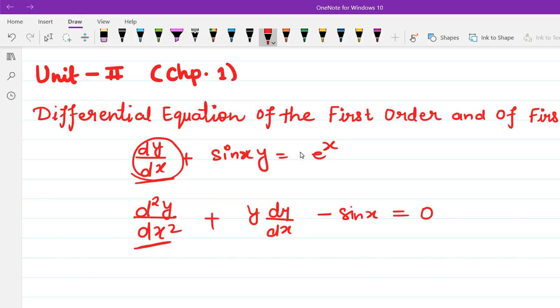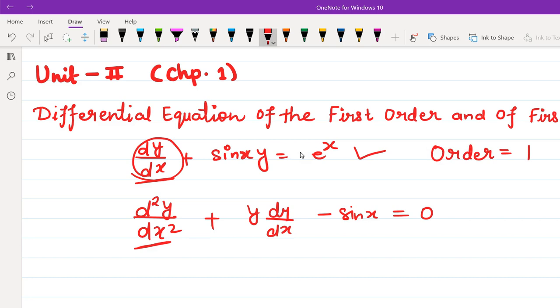Now let us proceed ahead and understand what we mean by a differential equation of first order and first degree. For example, if I consider the first equation, you can see the highest derivative present in this differential equation is dy by dx, that is a first order derivative. So the order of this differential equation is going to be 1.